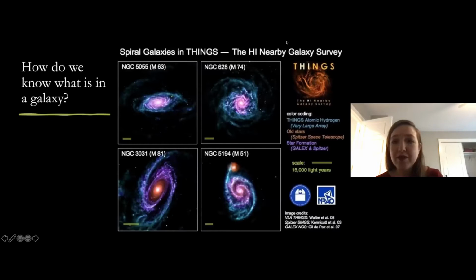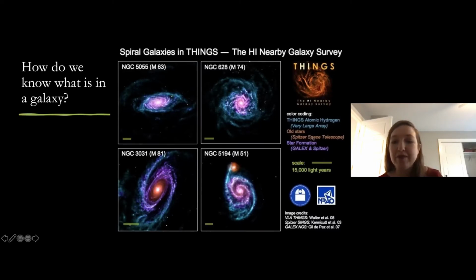Okay, so this is a plot from one of my other OSU colleagues, Adam Leroy. And what we're seeing here are 4 nearby galaxies, all spiral galaxies. And each color of light here represents a different type of light that traces a different component of the galaxy.